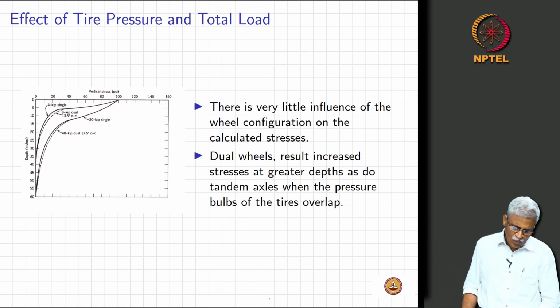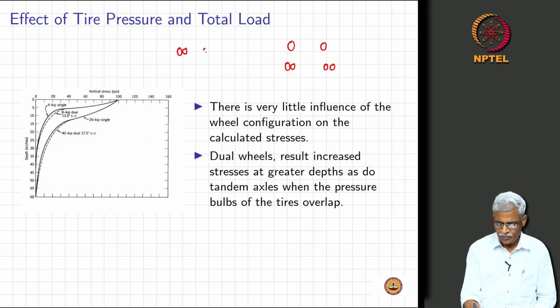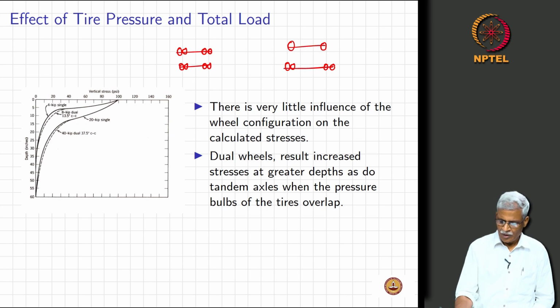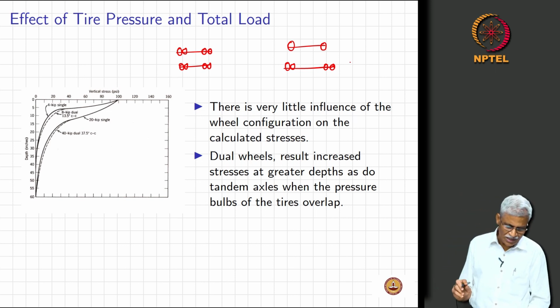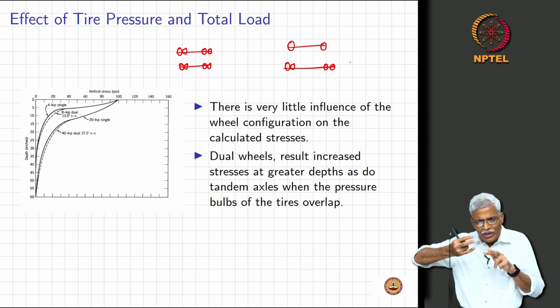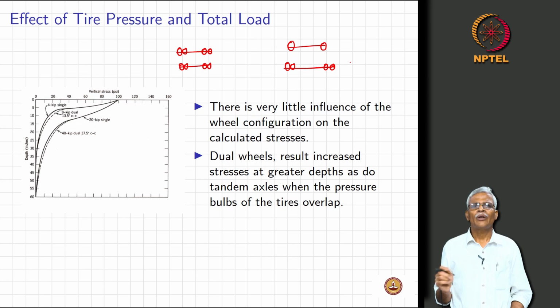And now, whether you are going to do it with single axle single wheel, single axle dual wheel, or tandem axle dual wheel, these things will be tricky to understand because there is going to be some kind of overlap that will happen, and when you do simulations you will be able to understand what is really happening.